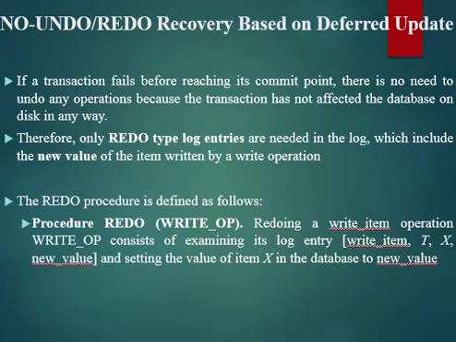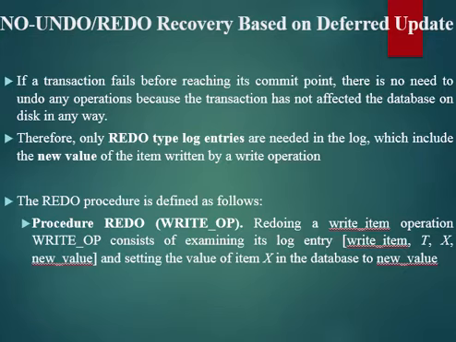I think it is asked one or more times in the university examination. It says that suppose you are using deferred update, then you know that the transaction is complete only if there is a commit operation.